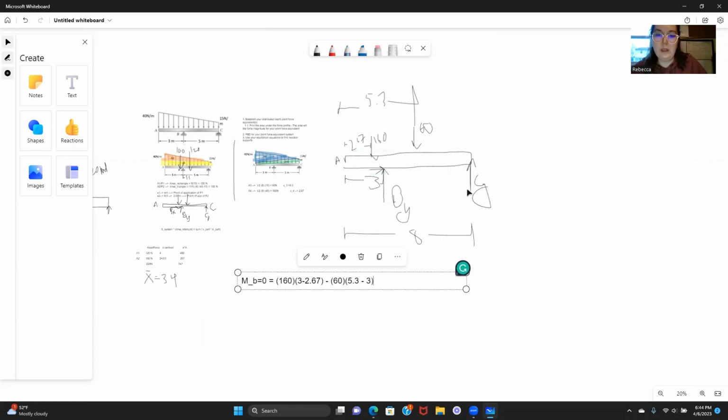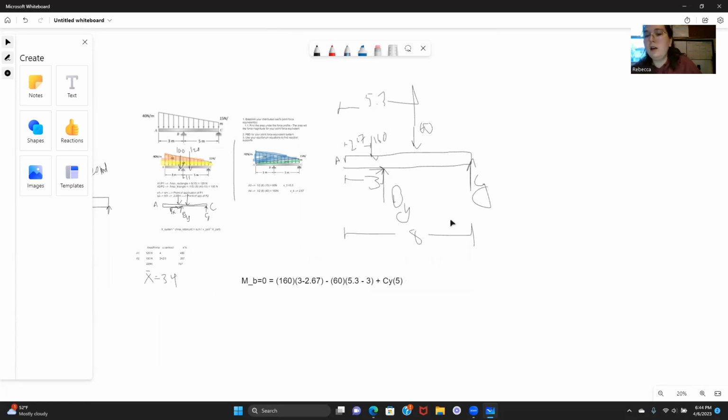If we're fixed at B, Cy will cause rotation in the same direction as this one, a counterclockwise rotation. So that's going to be our positive convention, positive Cy, times 8 minus 3, or 5 meters. This will give us a value of Cy.